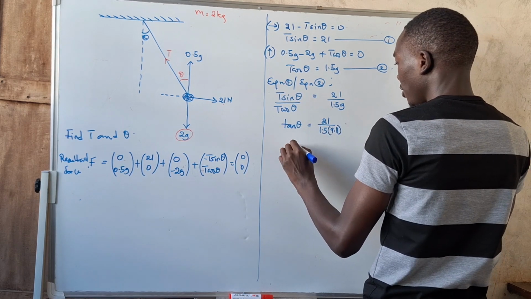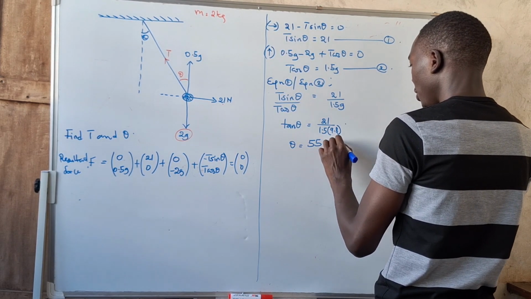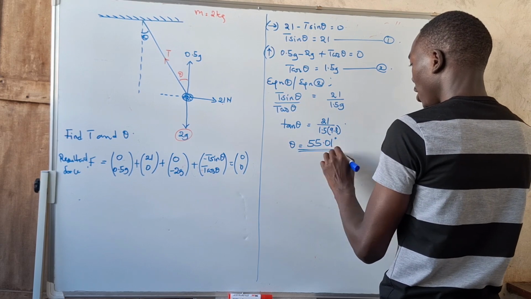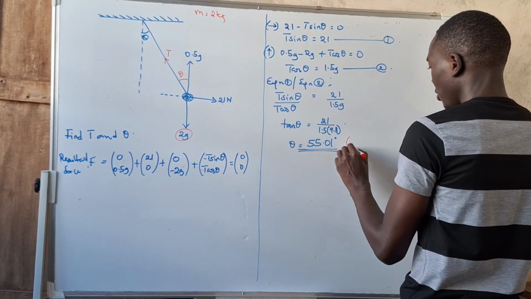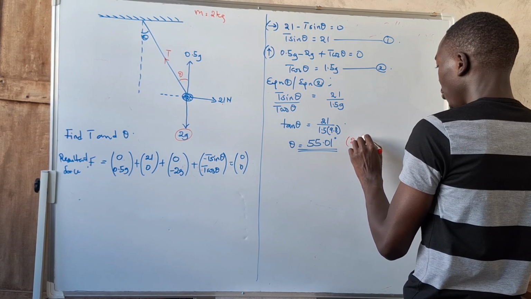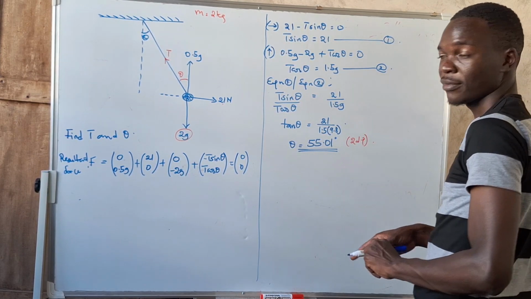If you compute this in the calculator, you get theta equal to 55.01 degrees. Remember, for angles, it's okay to use 2 decimal places or even 1, but I advise you take 2 decimal places.